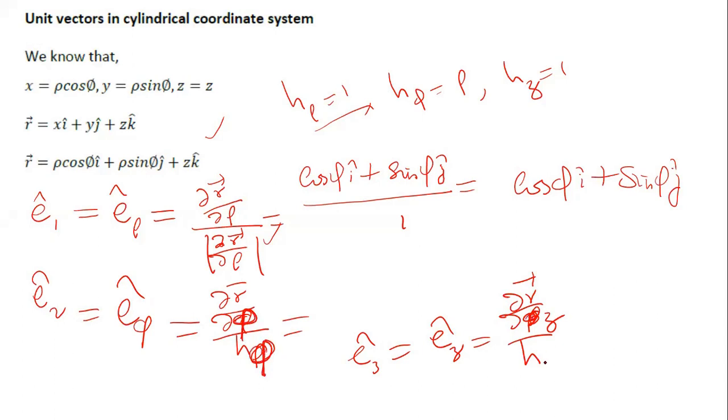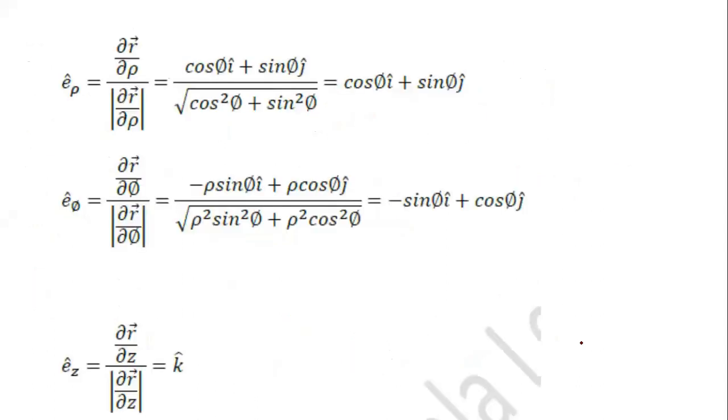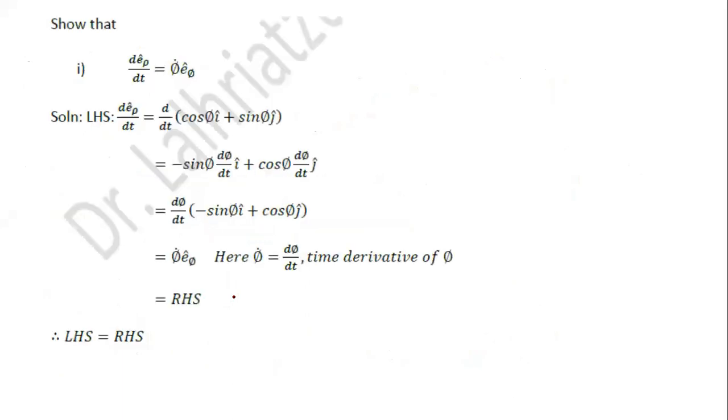So like that, you can obtain the unit vectors E rho and E phi and Ez. All these quantities you can obtain. Then once you have the unit vectors, you can show that this cylindrical coordinate system is a curvilinear coordinate system.